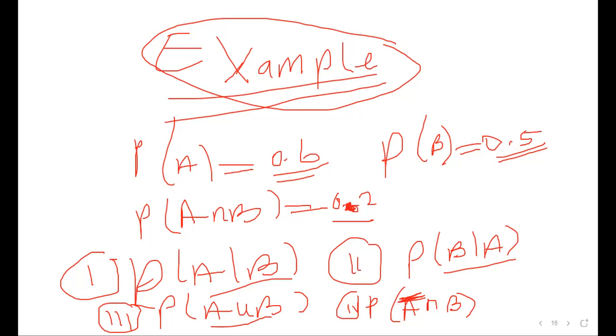Now the probability of A complement intersection B: we've got the probability of B minus the probability of A intersection B. So 0.5 minus 0.2, and the answer is 0.3. You are very correct. I'm impressed that people are following this. Very simple course.